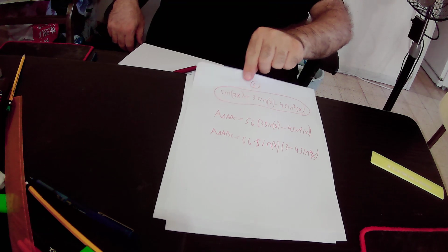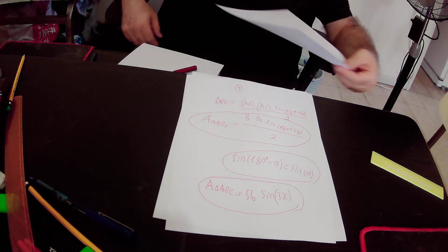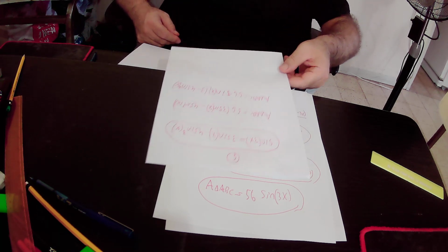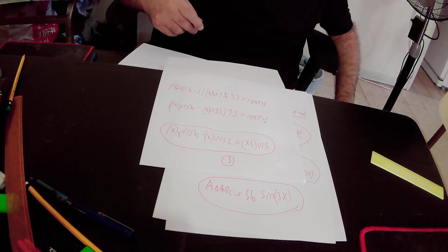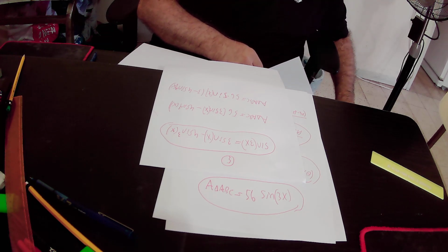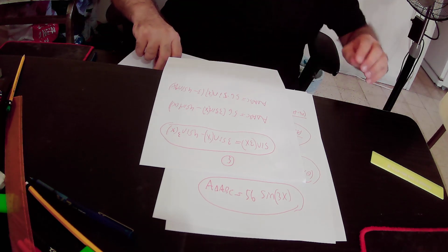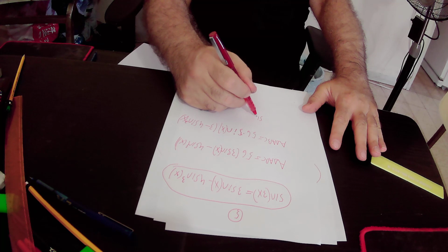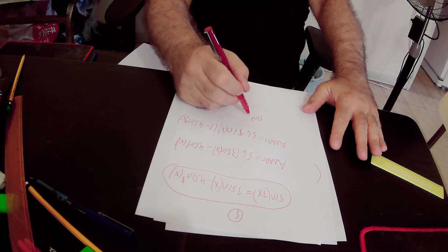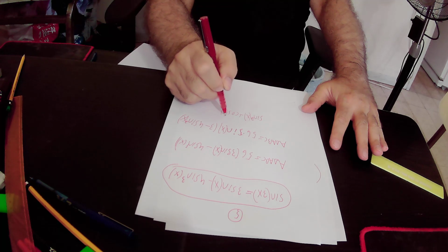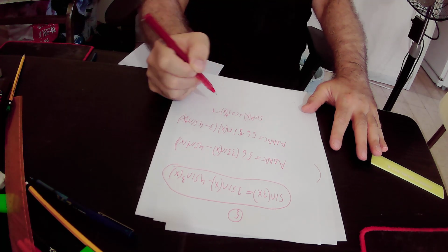Okay, but we know that we have the following trigonometric identity that states that sinus x squared plus cosinus x squared equals 1.